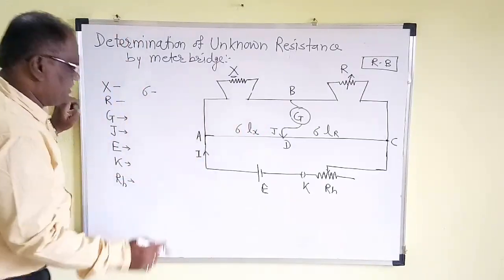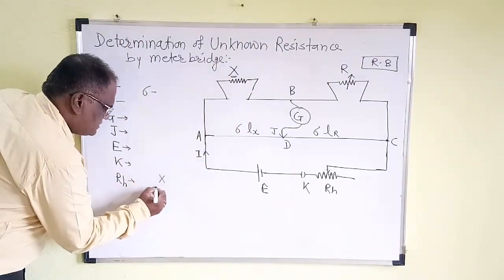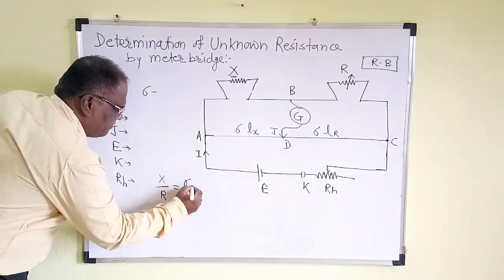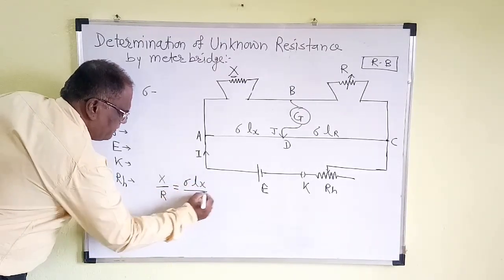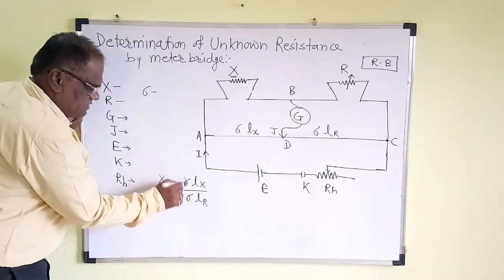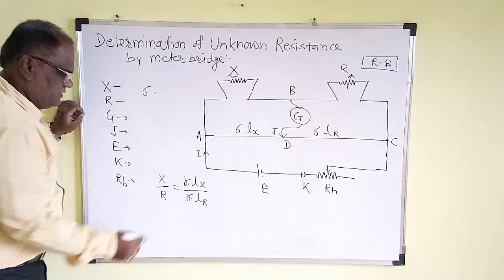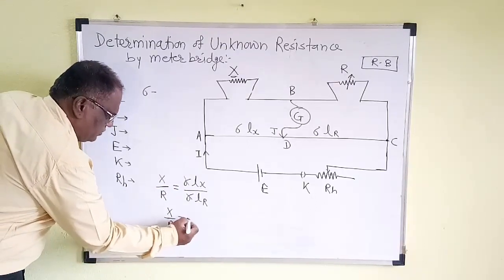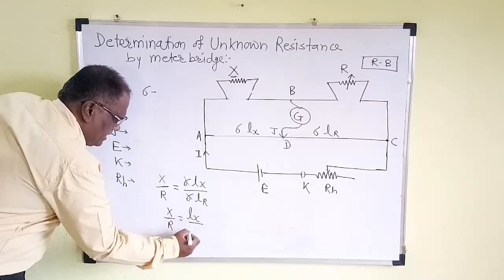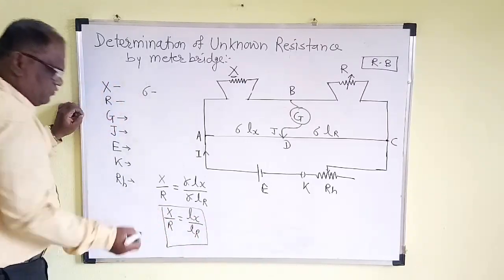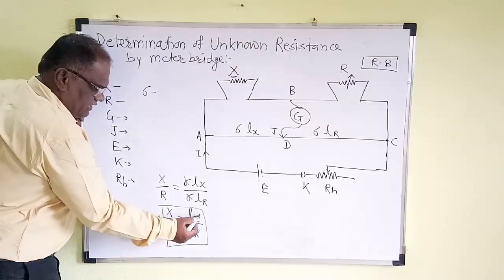we can write the equation X by R is equal to sigma Lx by sigma Lr. Sigma get cancelled. Thus, X by R is equal to Lx by Lr. Now, we know the value of Lx.